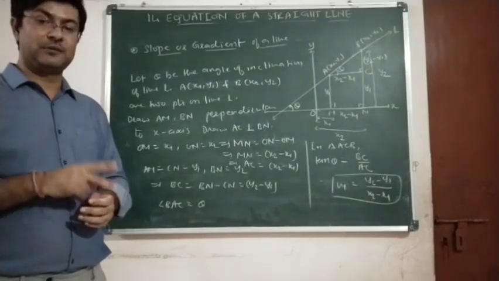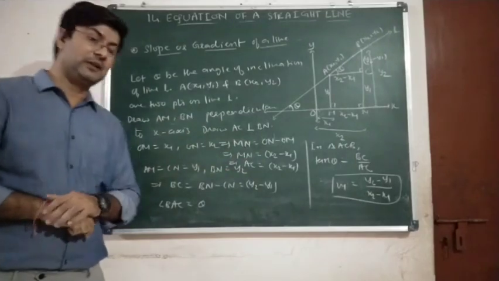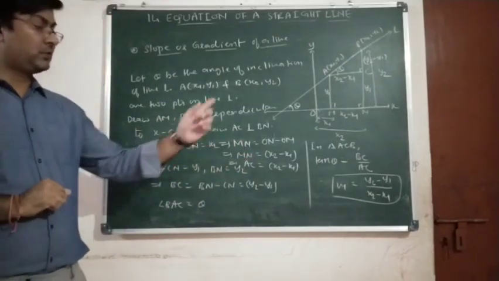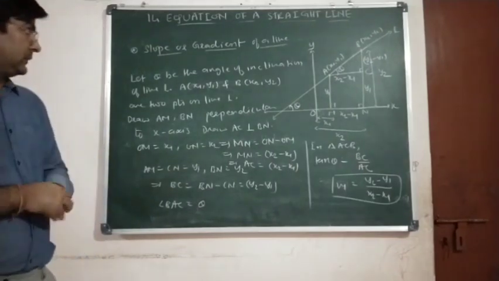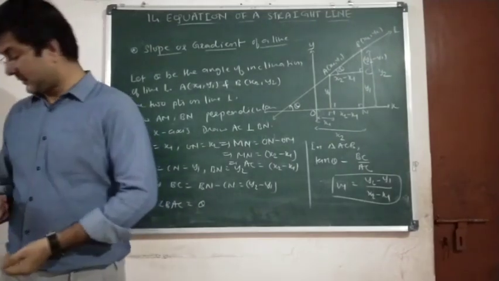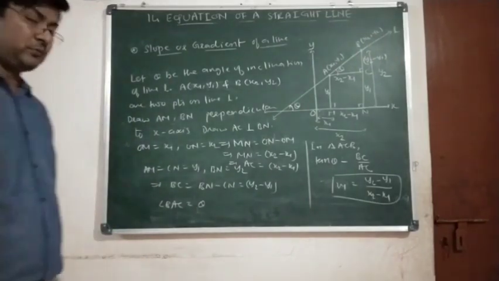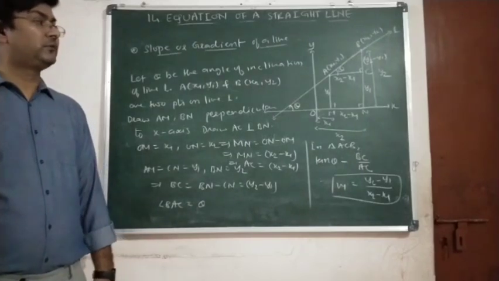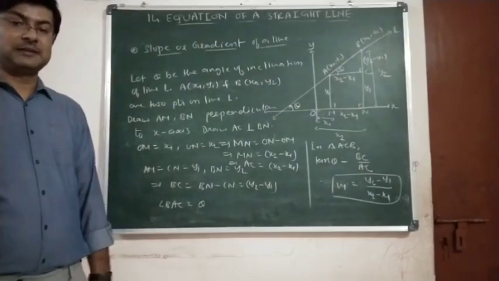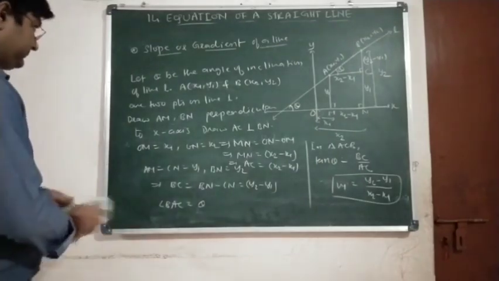So whenever you are given the coordinates of any 2 points on the line, you can calculate the slope of the line using this formula, y2 minus y1 upon x2 minus x1. Clear? So now let us discuss the slope of certain lines. For example, slope of x-axis, slope of y-axis. Similarly, slope of a line which is parallel to x-axis and slope of a line which is parallel to y-axis.